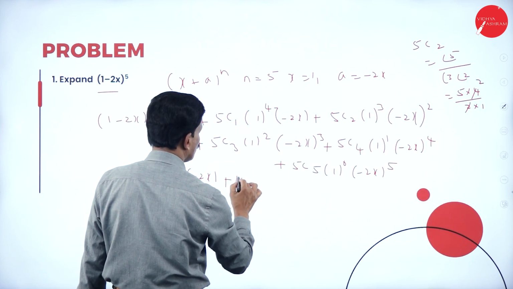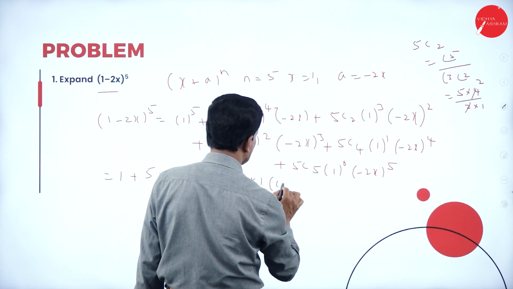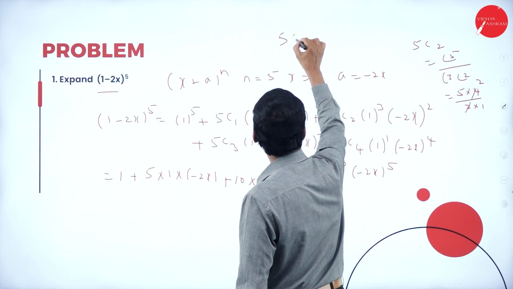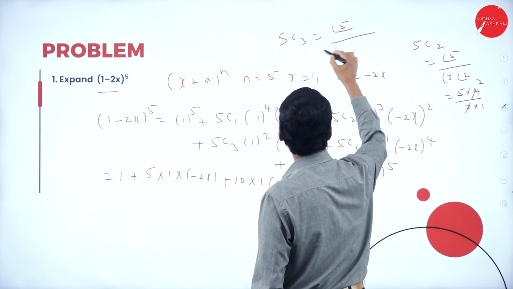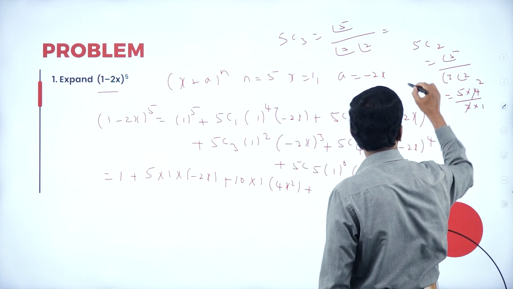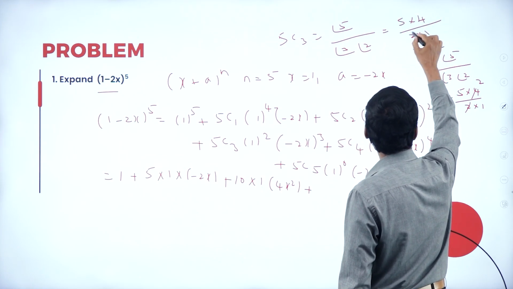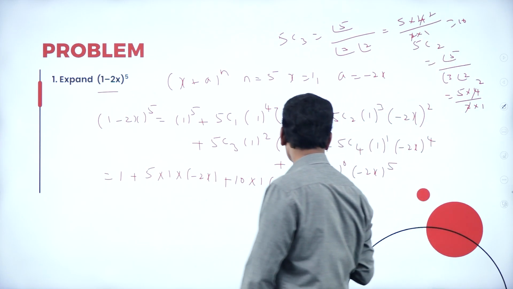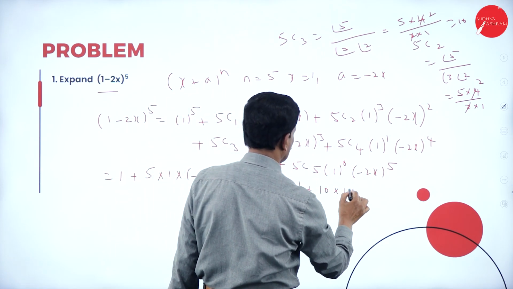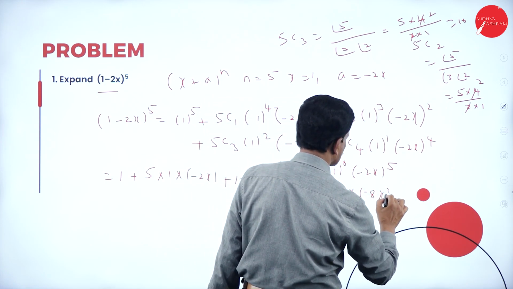So 5c2 is 10 into 1 into minus 2 square, which is 4x square, plus 5c3. 5c3 is equal to factorial 5 divided by factorial 3 into factorial 2, which is also the same value, 10. So 5c3 is 10 into 1 square is 1 into minus 2 whole cube. 2 2s are 4, 4 2s are 8, minus 8x cube.